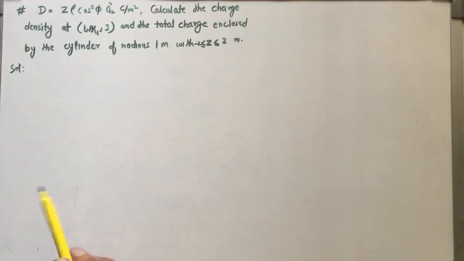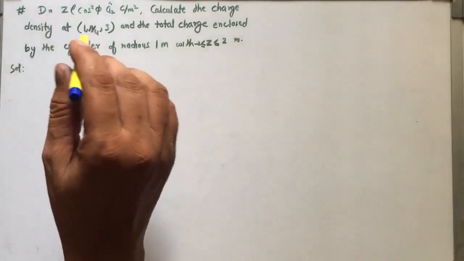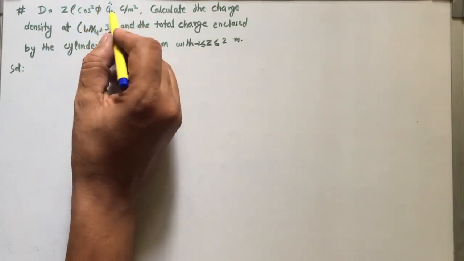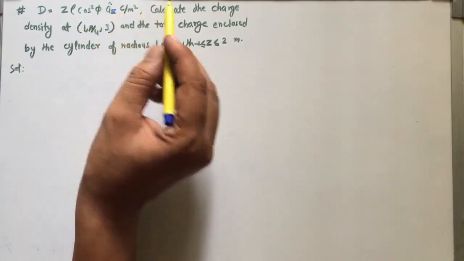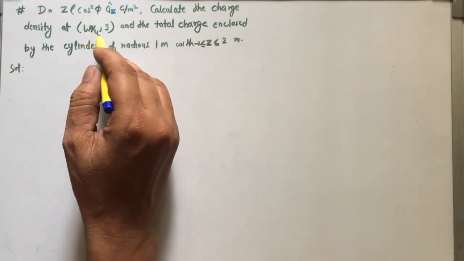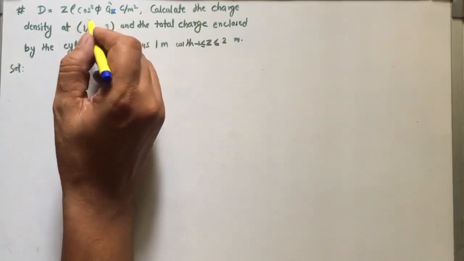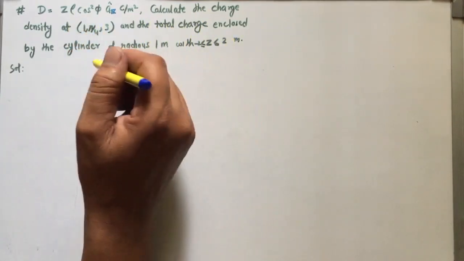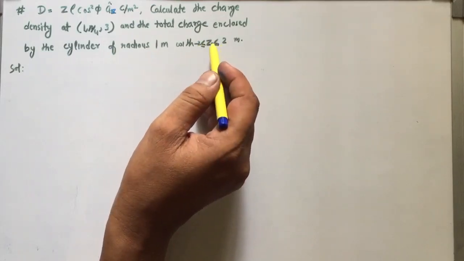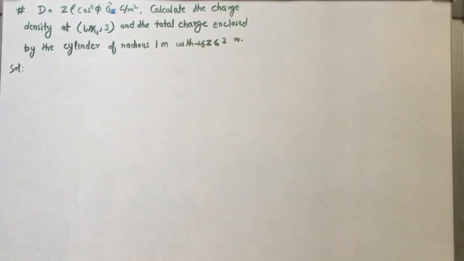Next problem, we have D equal to z rho cos square phi in the direction of Az coulomb per meter square. Calculate the charge density at (1, pi/4, 3), and the total charge enclosed by the cylinder of radius 1 meter with z from minus 2 to 2.